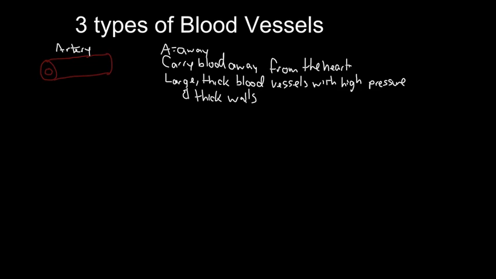Okay? And finally, the last thing with arteries is the type of blood that they're carrying. When we talk about type of blood, what I mean by that is is it oxygen rich, where it's carrying lots of oxygen and very little carbon dioxide, or is it oxygen poor, where it's carrying very little oxygen and lots of carbon dioxide? Well, if we're talking about an artery and it's carrying blood out to the body, we're going to say that it's carrying oxygen-rich blood.